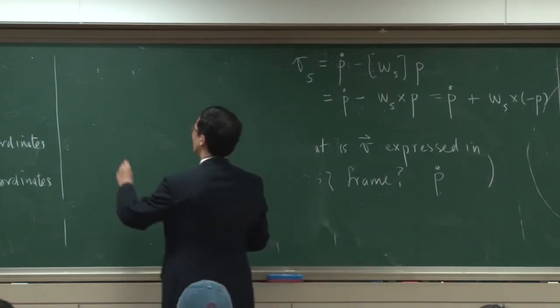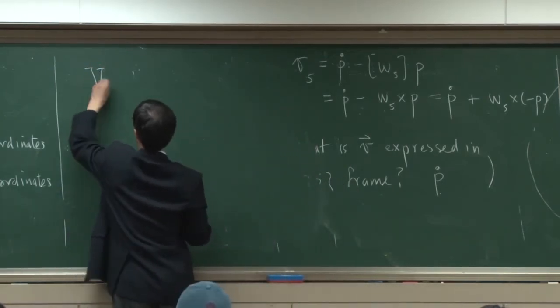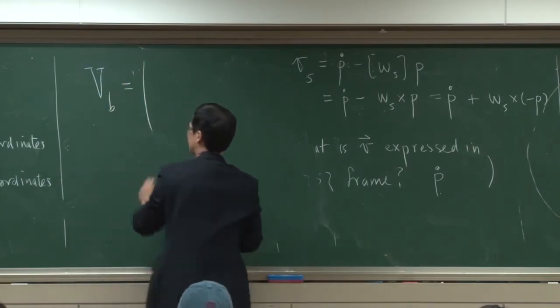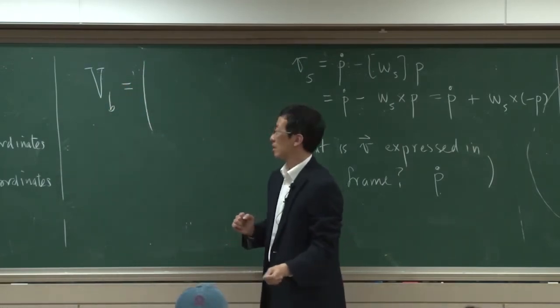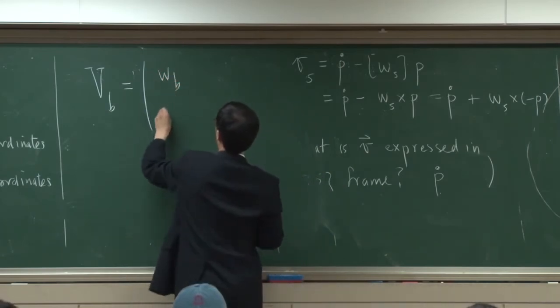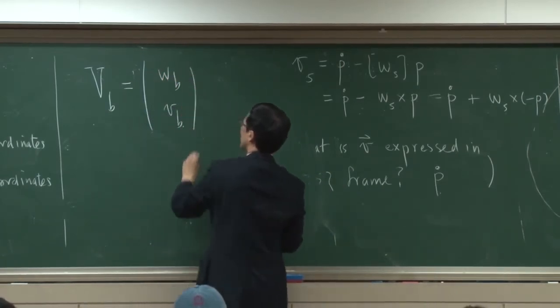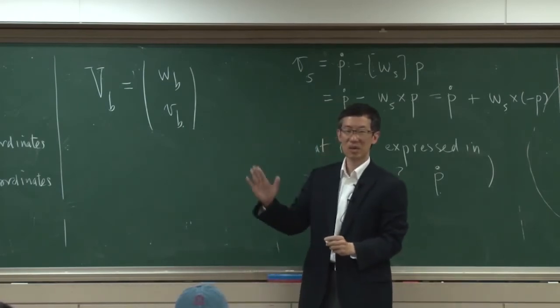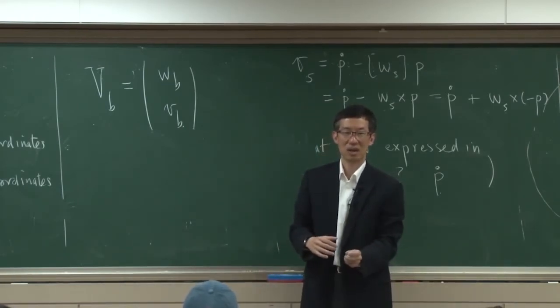I'm going to stack these. I'm going to call this large V sub b a six-dimensional vector in which omega b and v b are stacked on top of each other.